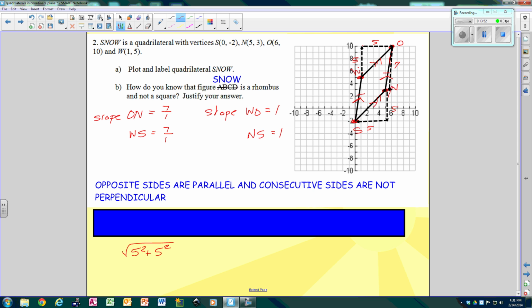So these two sides here are 7.1. And this is 7 and 1, so now I've got 7 squared plus 1 squared, that's 49 plus 1, so that's 50. Take the square root, so that's 7.1. So all my sides are equal to each other because they all have a length of 7.1. So since I have 4 congruent sides, but they're not perpendicular, that makes it a rhombus.